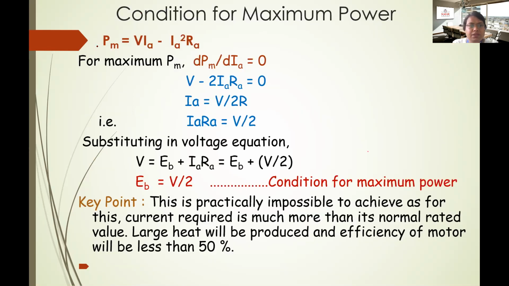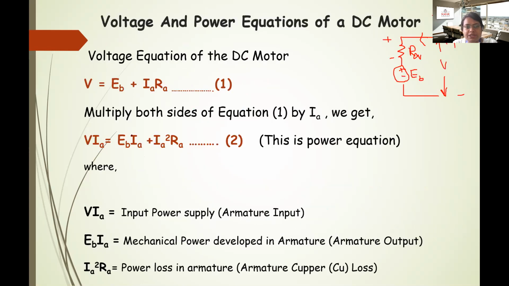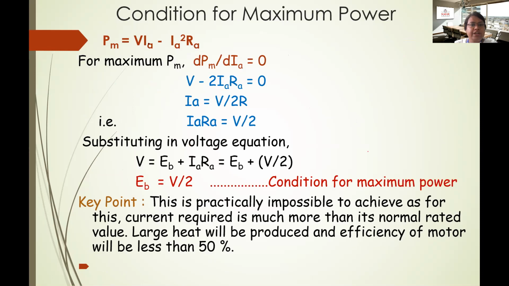Eb into Ia is the mechanical power developed in the armature, which we call Pm. So Pm is equal to V into Ia minus Ia square Ra, and this is the mechanical power developed in the armature.